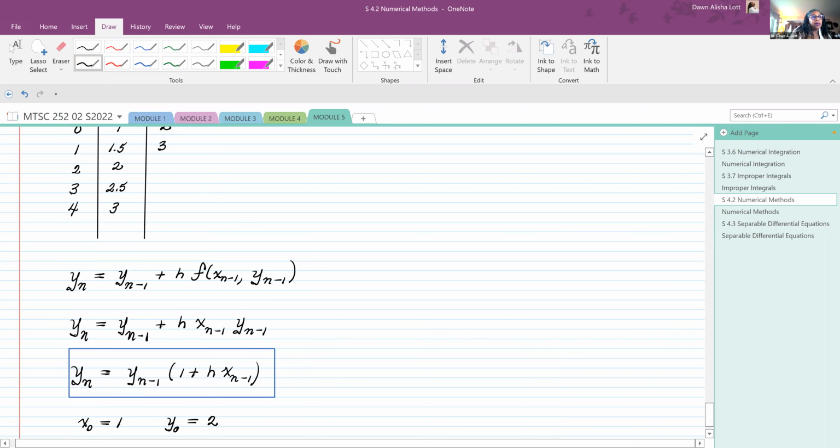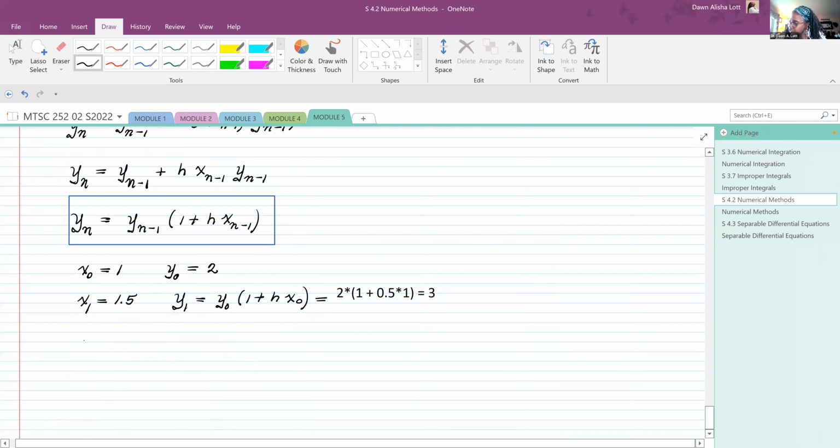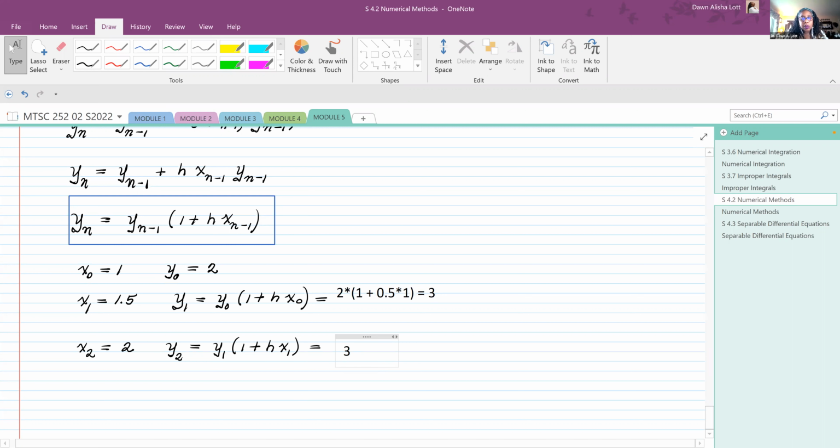All right, let's find y2. So we know x2 is 2. So y2 is going to be y1 times 1 plus h times x1. And that is equal to y1, which was 3, times 1 plus 0.5 times x1, which is 1.5.